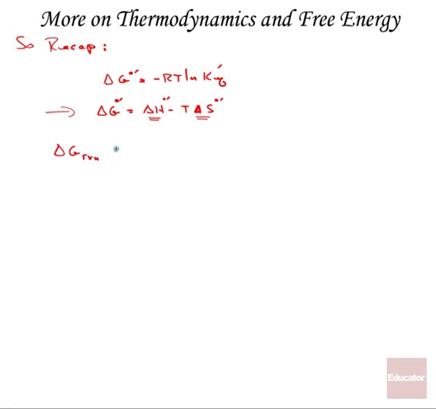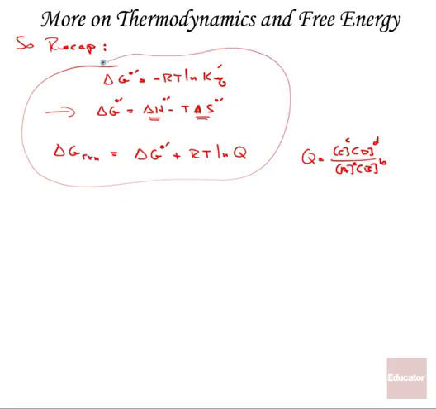The delta G of a given reaction under a given set of conditions, any temperature, any concentrations for the reactants and products, is equal to delta G standard plus RT ln Q, where Q is the reaction quotient, equals C D over A and B. And this is at any given moment. So thermodynamics, this is pretty much what we're concerned with.